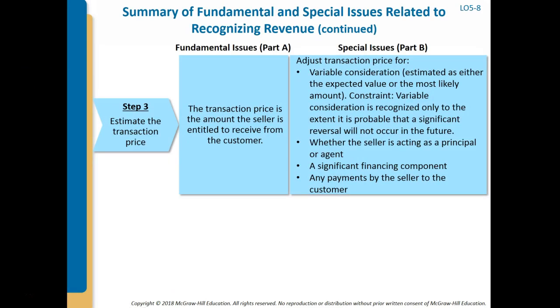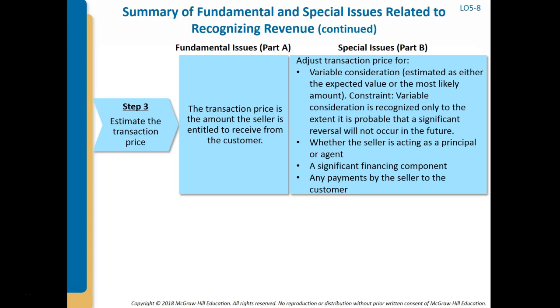Step 3, we then estimate the various transaction prices. Now, the transaction price is the amount the seller is entitled to receive from the customer, and we would adjust the various prices for variable consideration, estimated as either the expected value or the most likely amount.